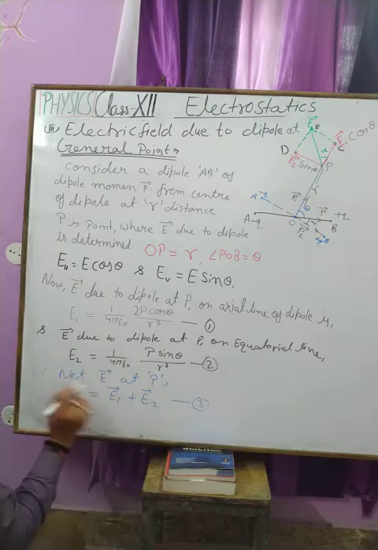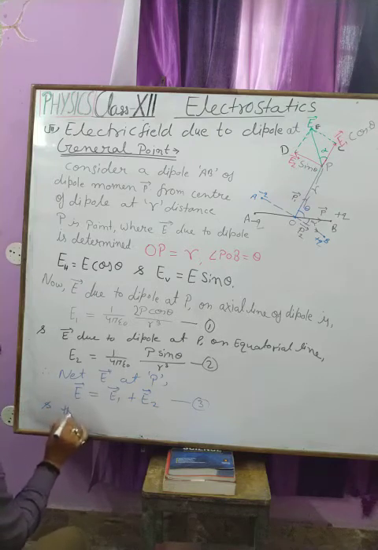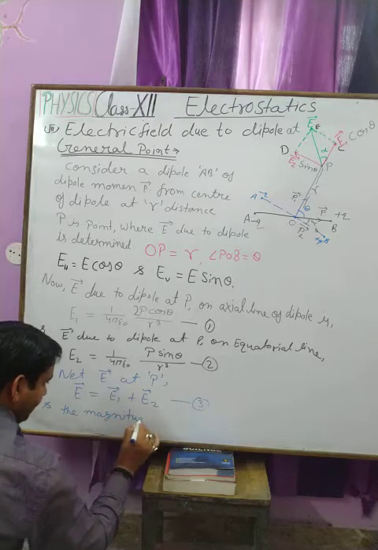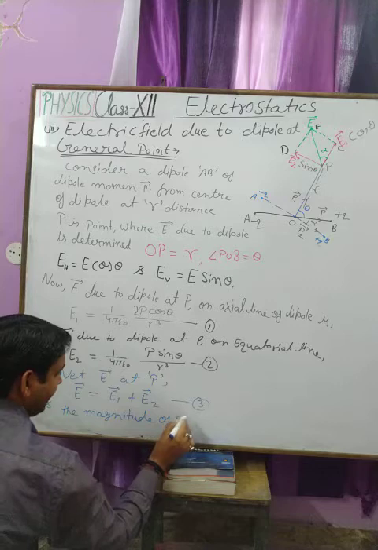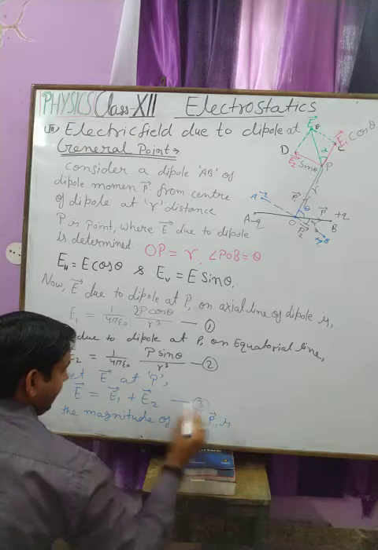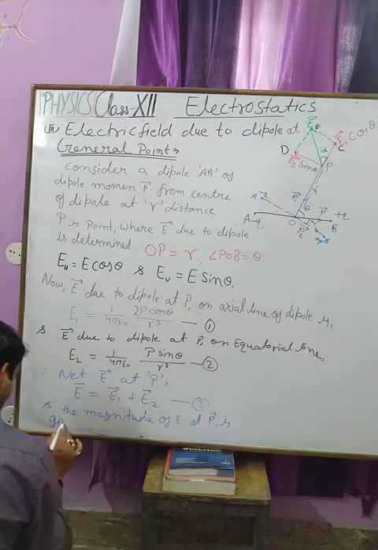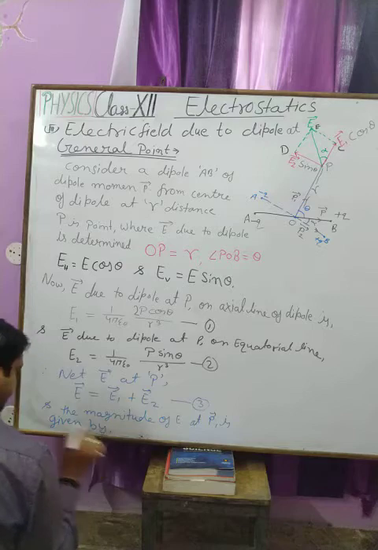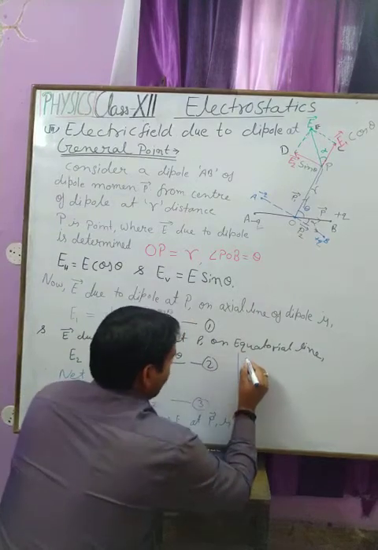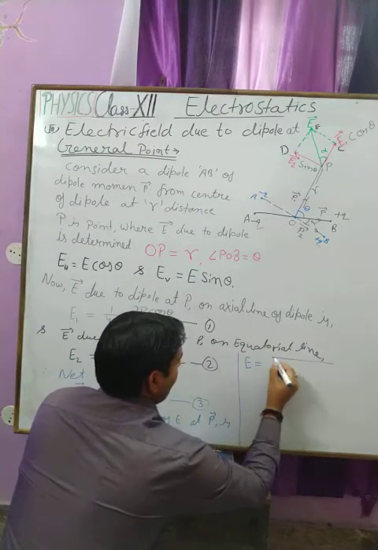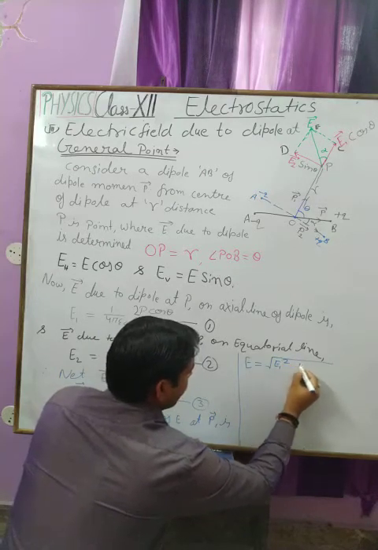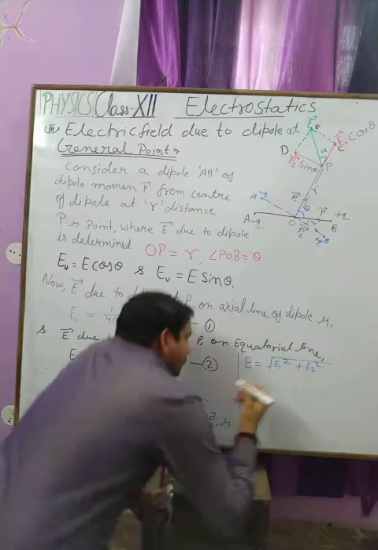And the magnitude of the electric field at P is given by E is equal to under root E1 square plus E2 square.